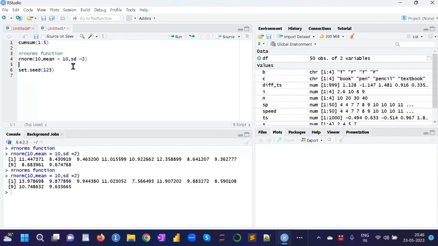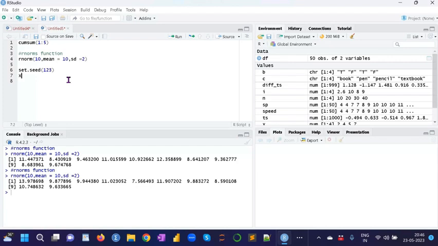That is beneficial. In set.seed you can pass anything. I have passed 123. It's not compulsory that you pass 123; you can pass 444, 212, anything.